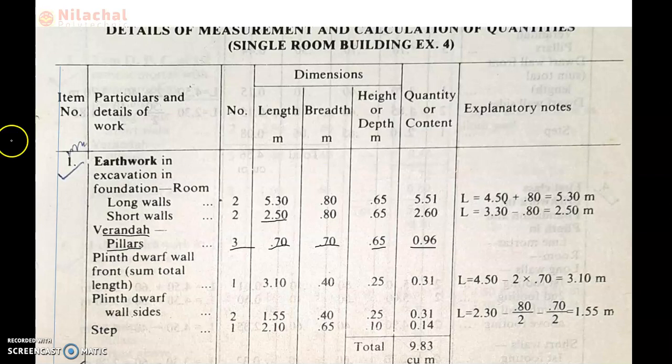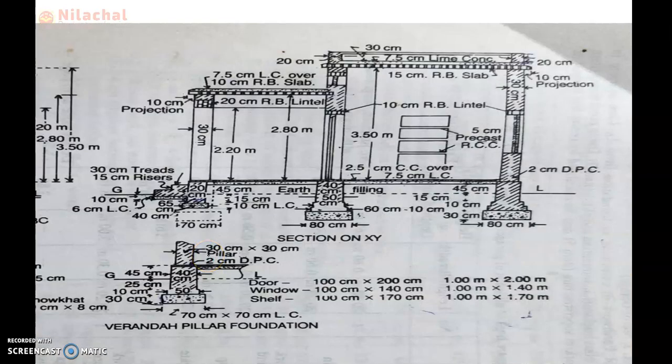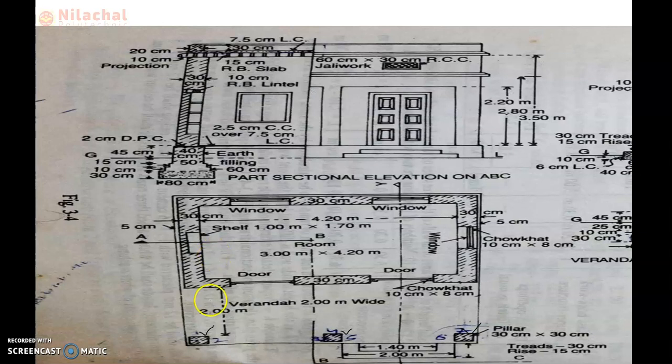So here the plinth drop wall is provided, first the plinth drop wall at the front. The veranda consists of 3 numbers of wall: one number here, one here, and one here. One is the front wall and the other 2 are the side walls of the veranda.